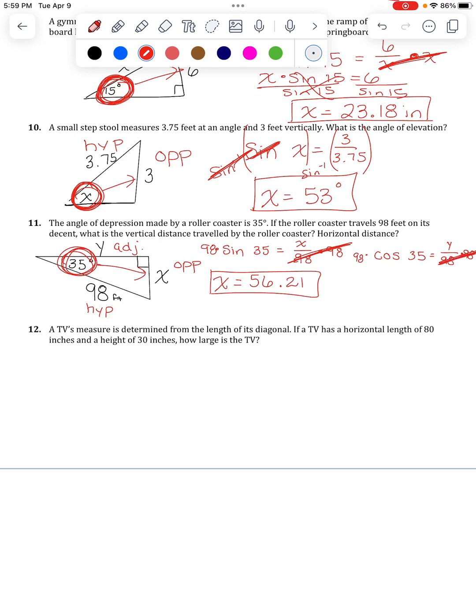Variables in the fraction, so I multiply by the denominator. Again, that's going to leave my variable alone, so 98 cosine of the 35-degree angle of depression, rounded to the nearest hundredth, is 80.28.